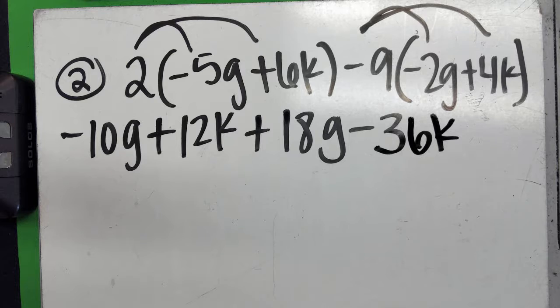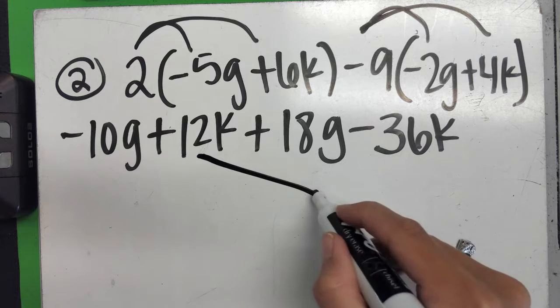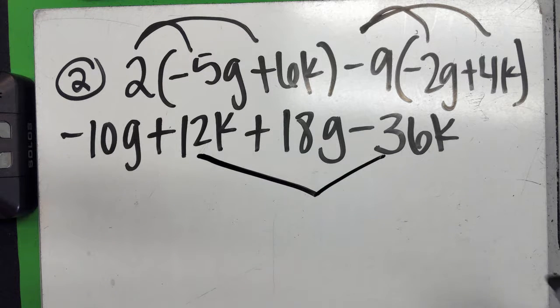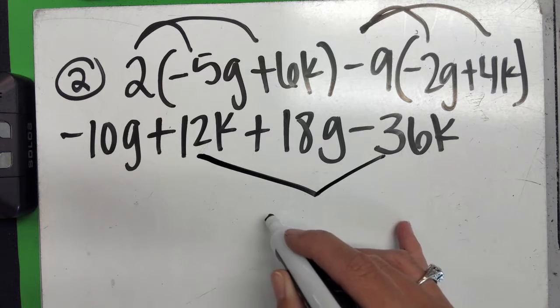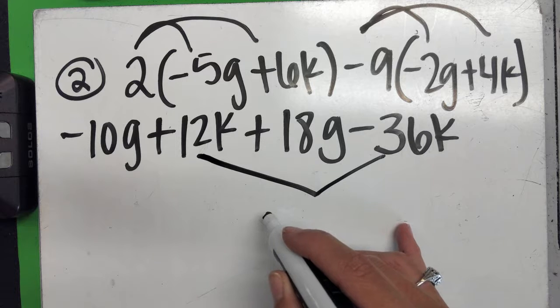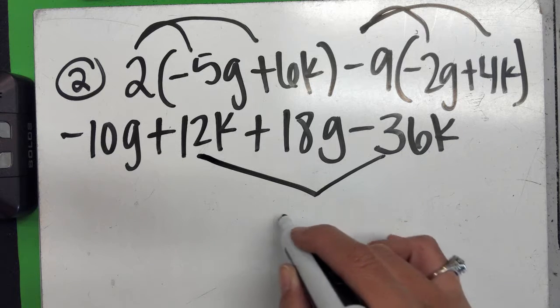Alright, everybody cool with that? Good? Alright. What do I do next, David? Alright, tell me what's one pair of like terms? 12K and -36. Alright, that's going to give us what when I combine them? 24K? Not 24. Negative.